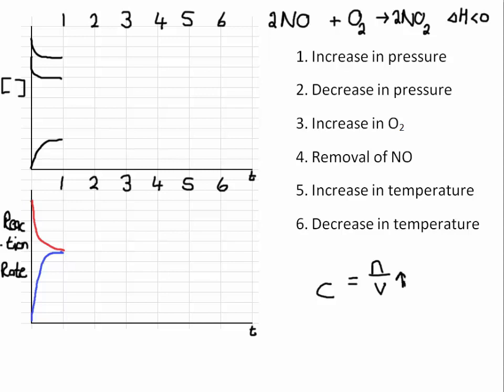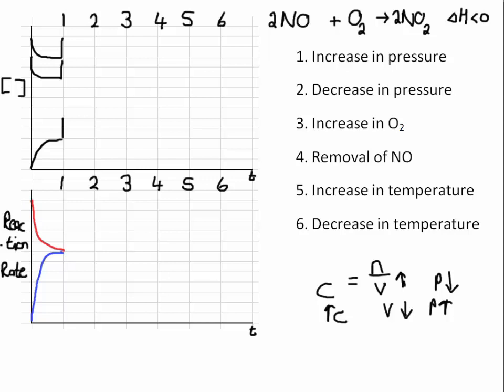So when the volume increases, we know that the pressure will decrease. And when the volume decreases, the pressure will increase. So this is very important to remember because when the pressure increases, our concentrations will increase. And this applies to all three of our gases. So what we'll see happen is that all three gases will increase.